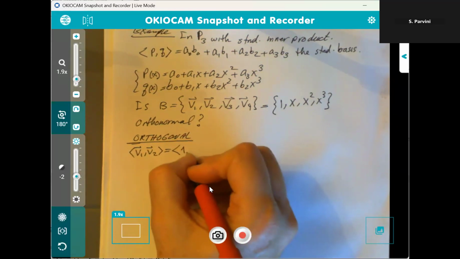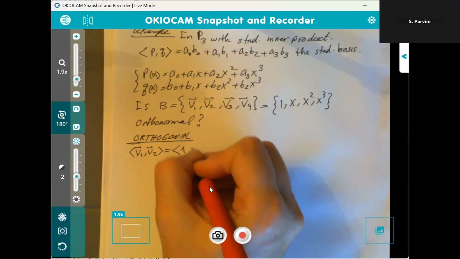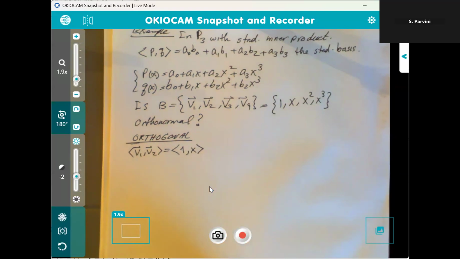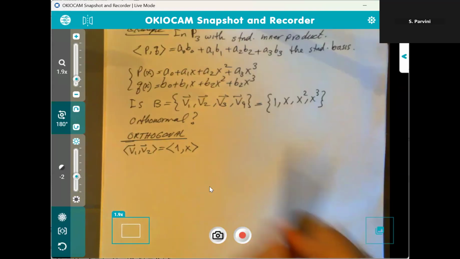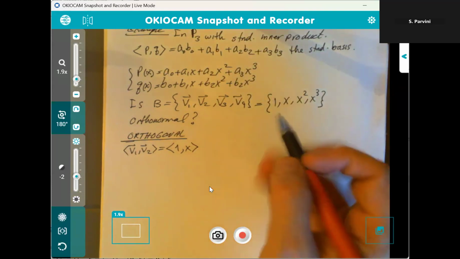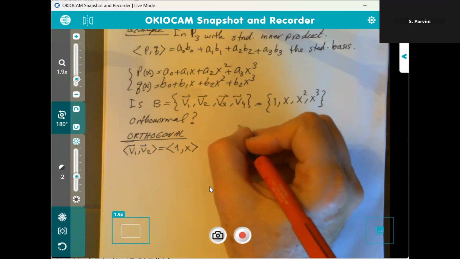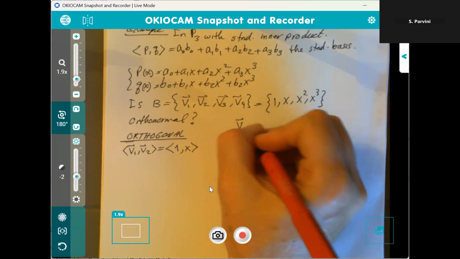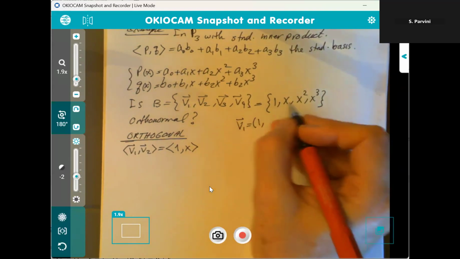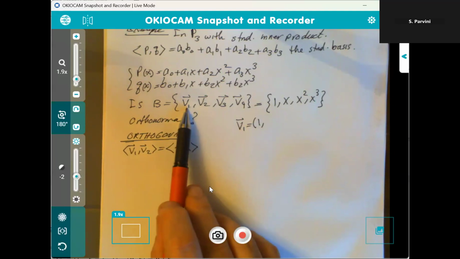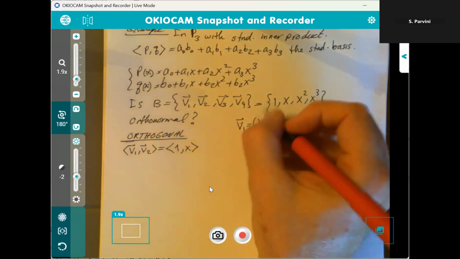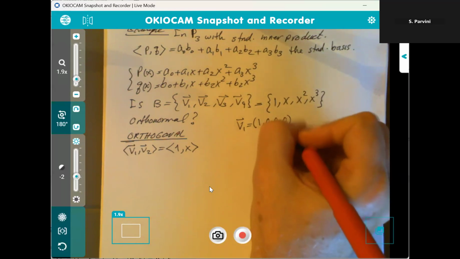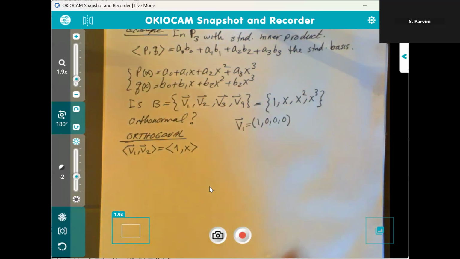Inner product with x. So what does vector V1 look like as a vector? It's just 1, which means x, x squared, x cubed will each be 0. So those other components are 0.